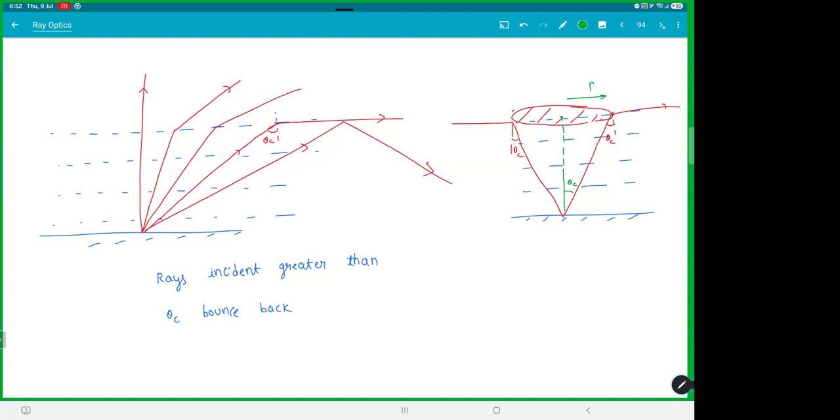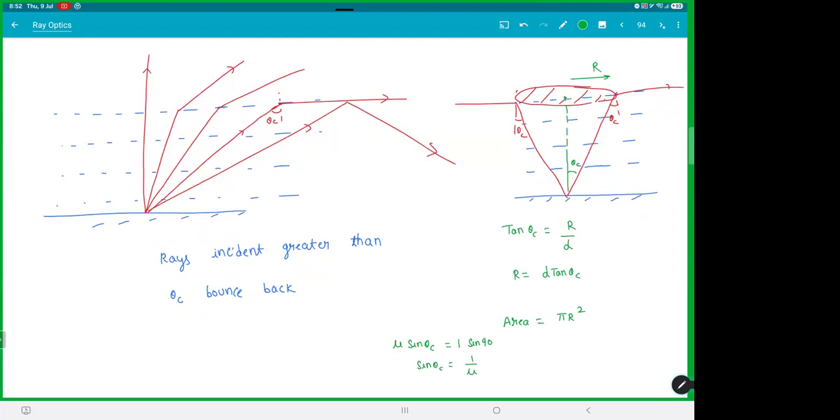This would be your radius, and tan theta critical is equal to r by d. From here, we get the radius is equal to d tan theta critical, and the area will be pi r square. And how to get the theta critical? Mu sine theta critical equals 1 into sine 90, since outside is 1. So from here we get sine theta critical is 1 by mu.